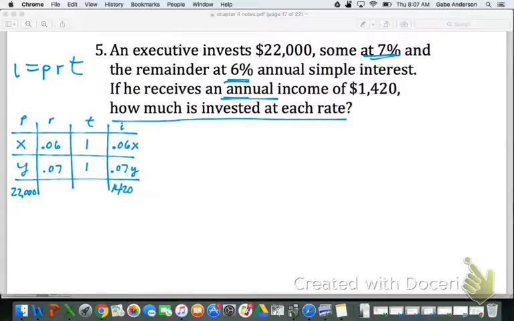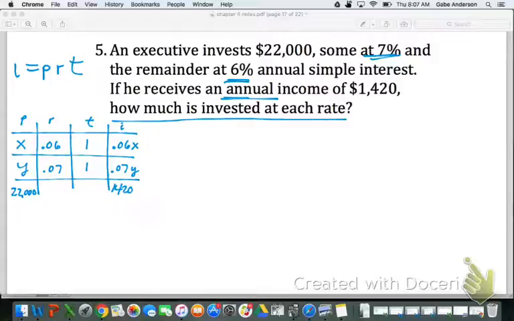So, we're just trying to organize stuff into a more easily understood format. Do you see your two equations? Where are your two equations going to come from? The P and the I. The P and the I. Yep, the left columns, right? All right, so here we go.